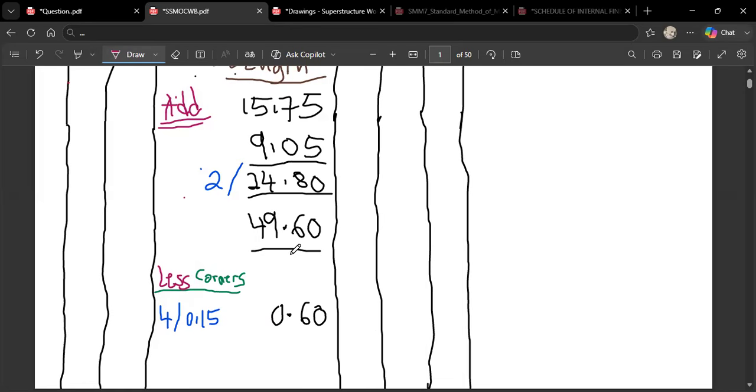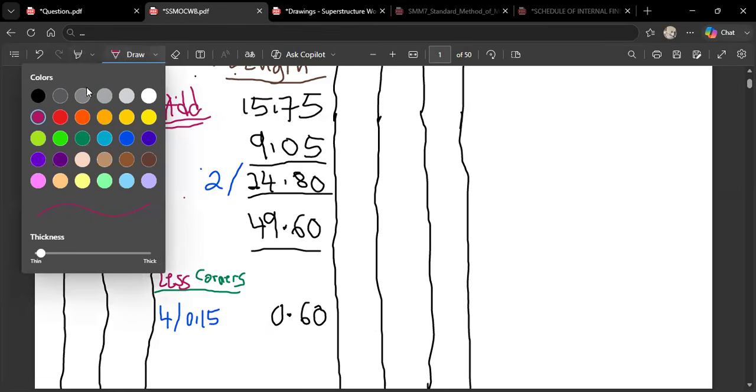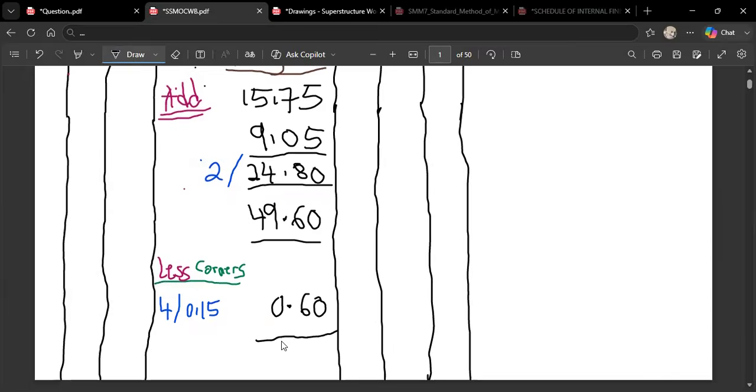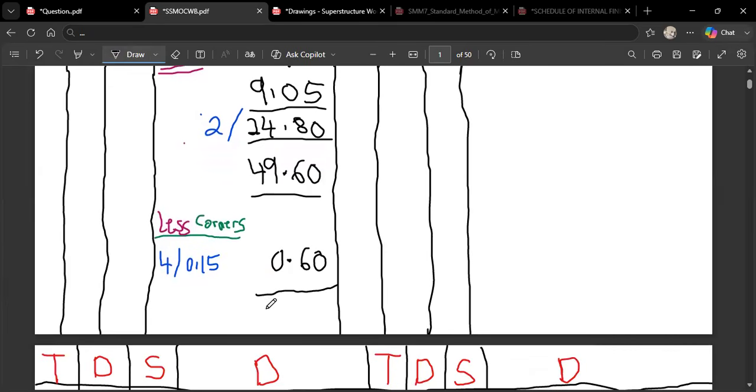We are subtracting 0.60, the corners, from the total length of 49.60. When you do this, you get just 49.00. So after less the corners, our final answer became 49.00.